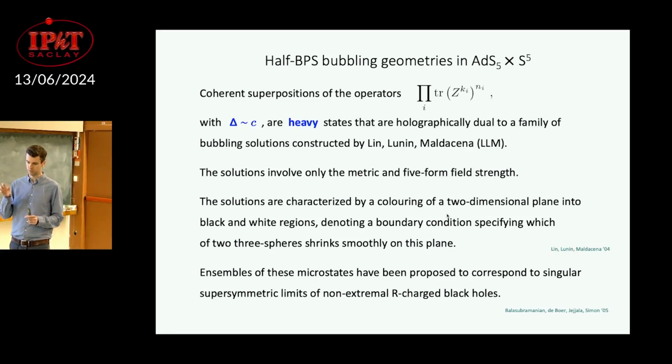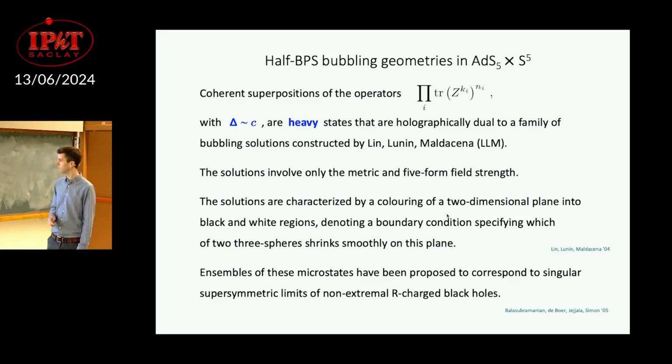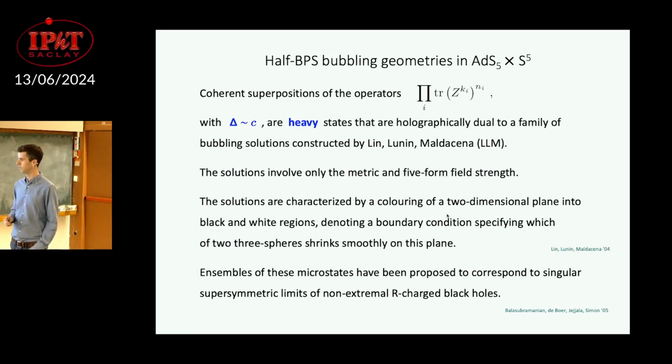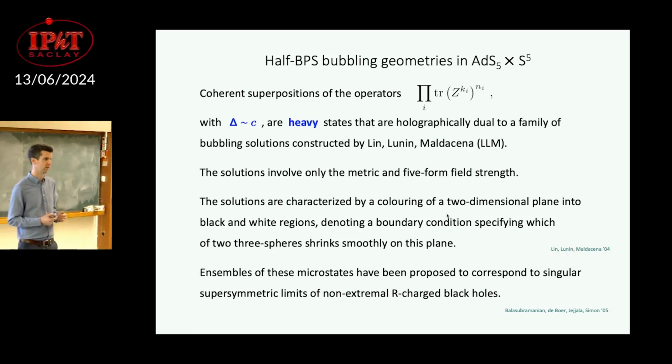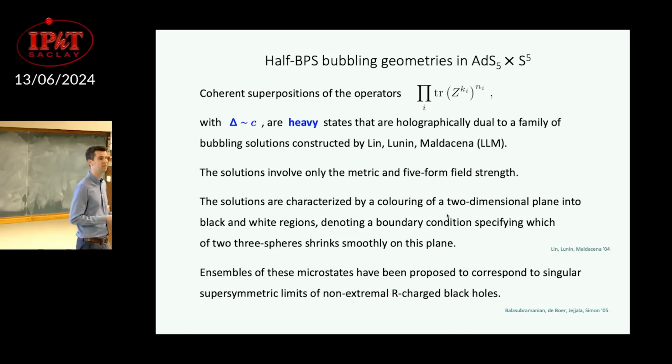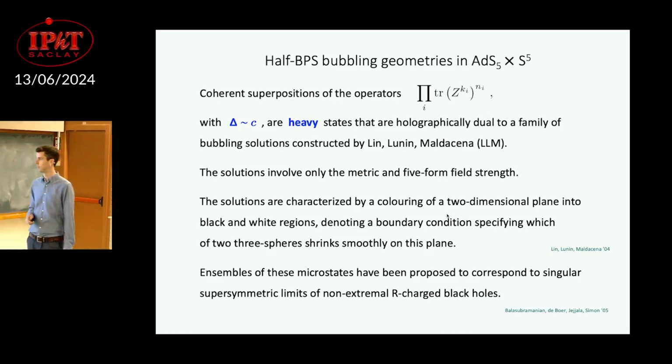When you take the supersymmetric limit of those R-charged black holes, the horizon size goes to 0, so it doesn't have a finite size horizon. One can think of it as a small black hole, or just a singular solution. And so there's an old story that perhaps by coarse graining or taking ensembles of these LLM geometries, one can have an idea of the microscopics of that singular supersymmetric limiting solution.